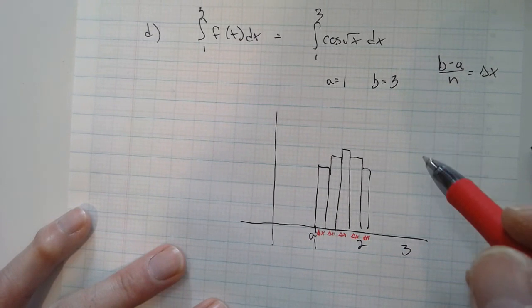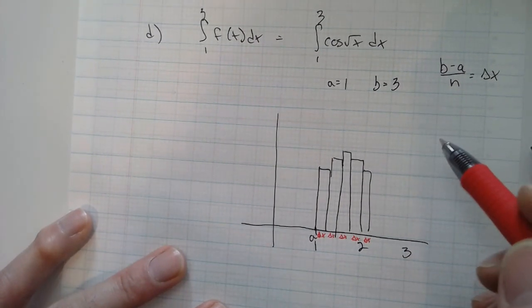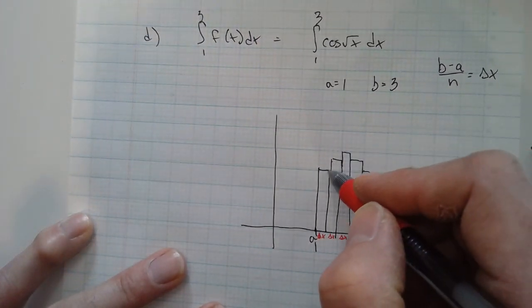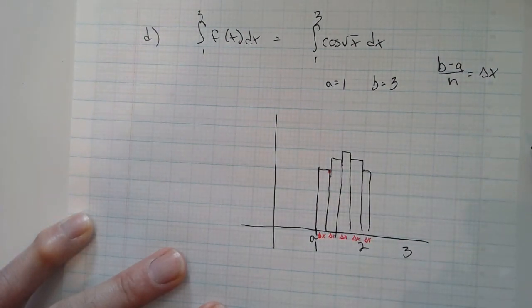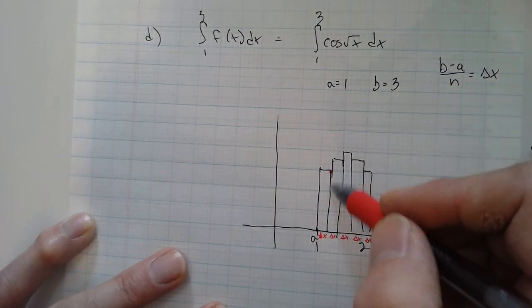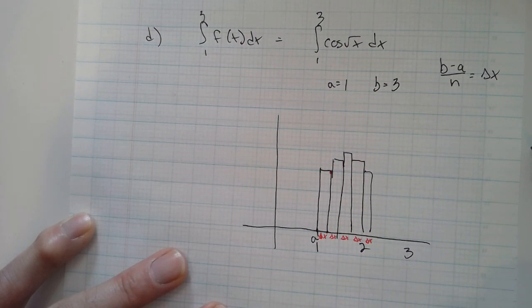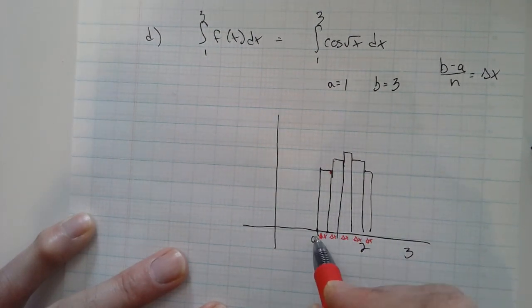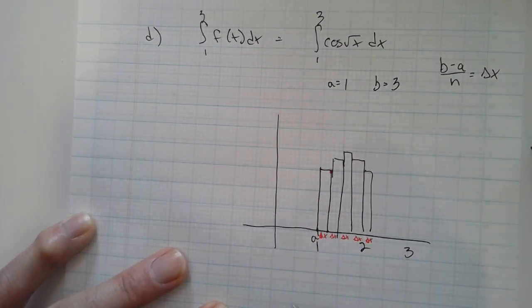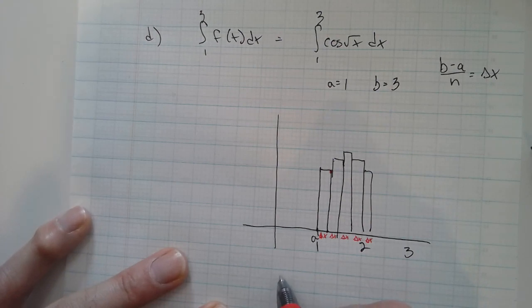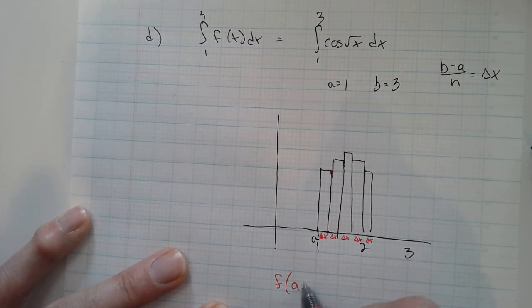Now remember, we're doing the right Riemann sum, so our first rectangle is determined by the height of, let's see, not f of a, but f of a plus delta x. So our first rectangle has height f of a plus delta x.